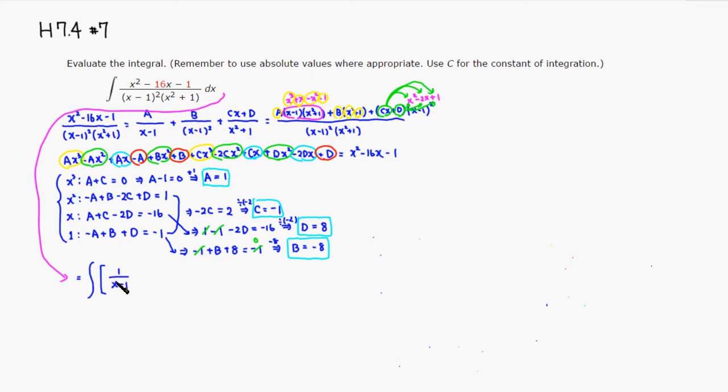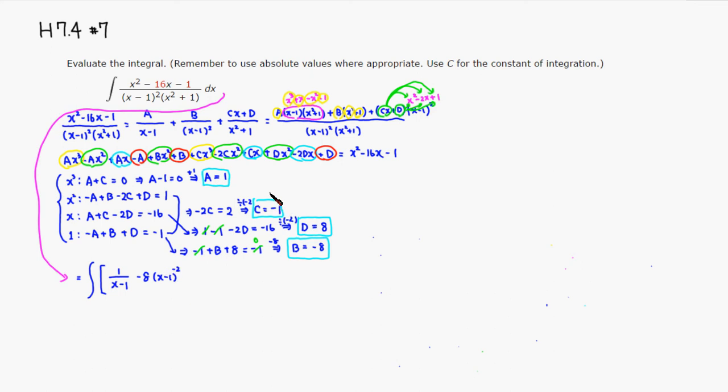And b is -8, so it's going to be minus 8 over, or actually, I'm going to write it this way. How about this? -8 times 1 over x minus 1 squared, I'm going to write as quantity x minus 1 to the -2 power.